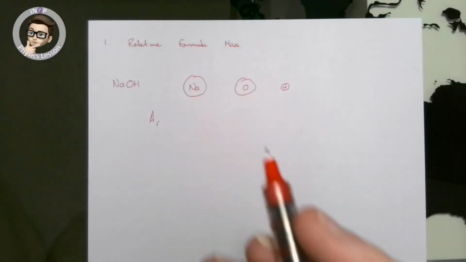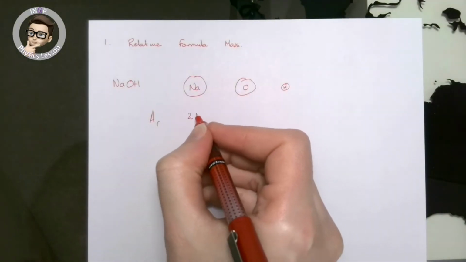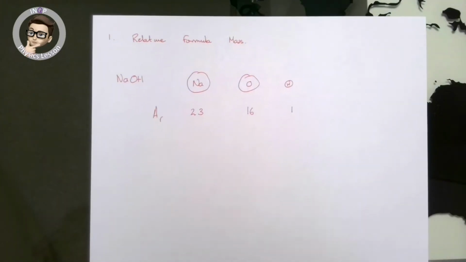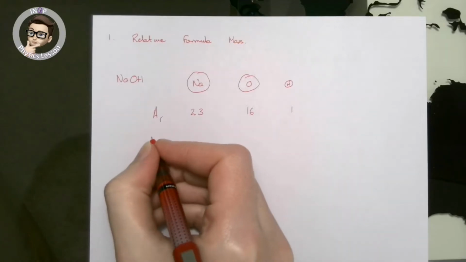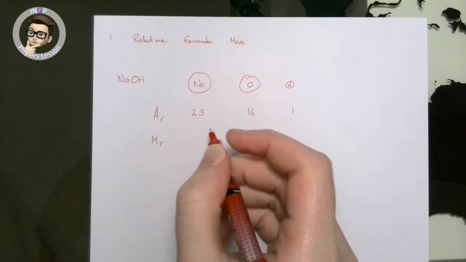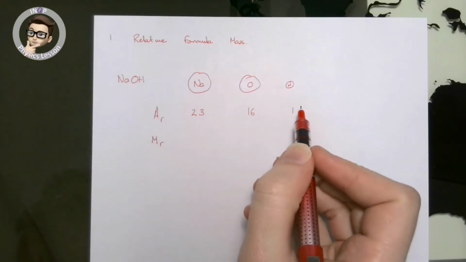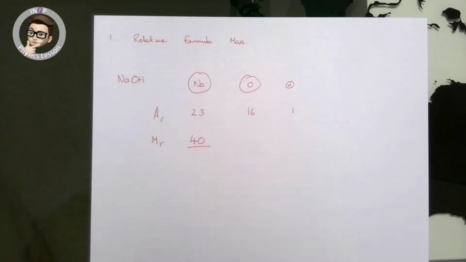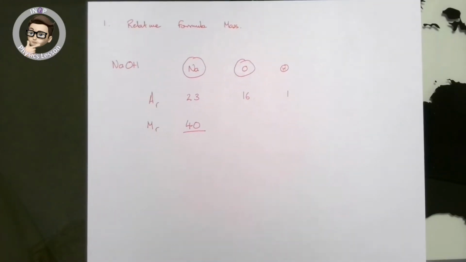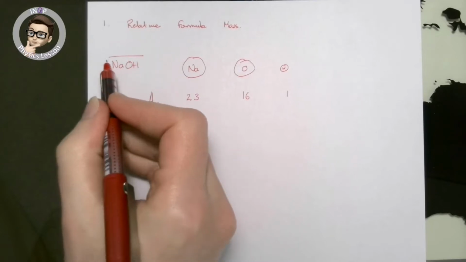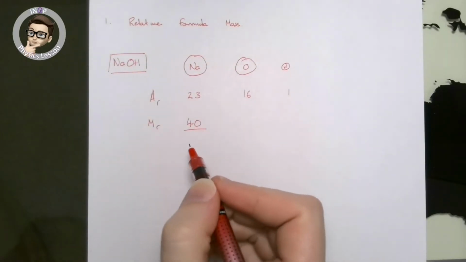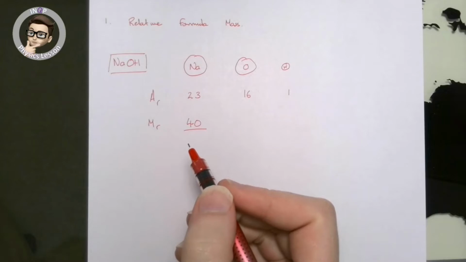So we've got 23, 16, and 1. My total molecular mass, Mr, is going to be 23 plus 16 plus 1, which is 40. So this sodium hydroxide would have a relative molecular mass of 40.